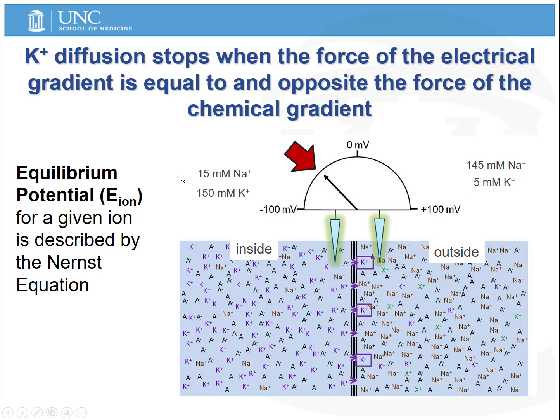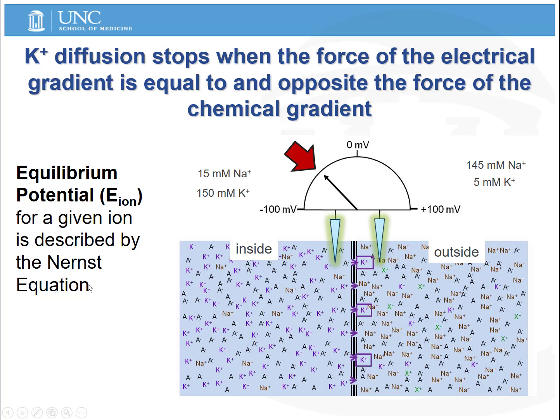And this is called the equilibrium potential for the ion, where this is the equilibrium between the electrical and chemical forces, and therefore there's no net movement of the ion. And that equilibrium potential can be calculated for each individual ion using the Nernst equation.